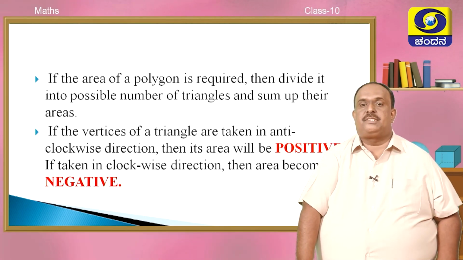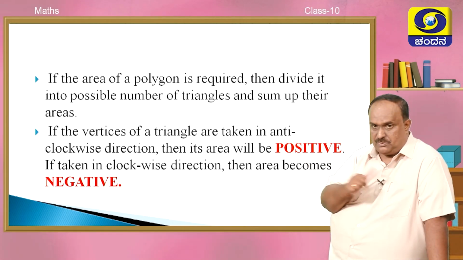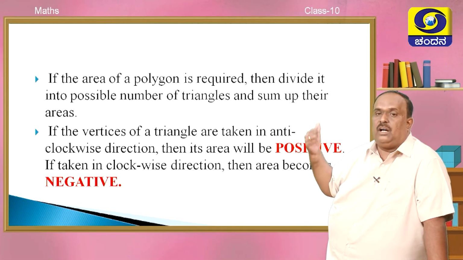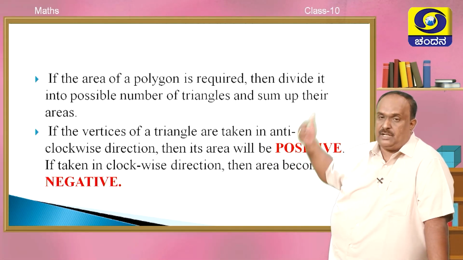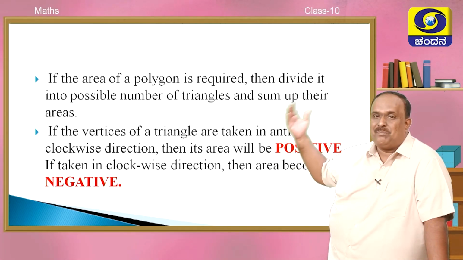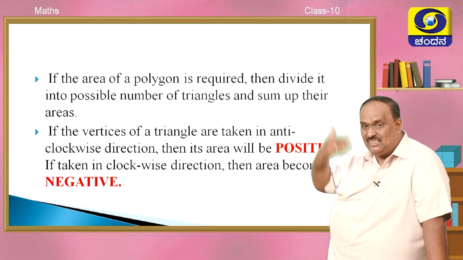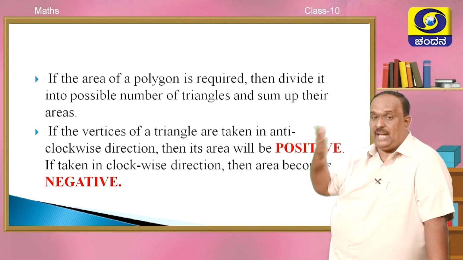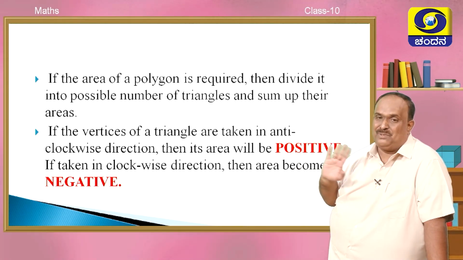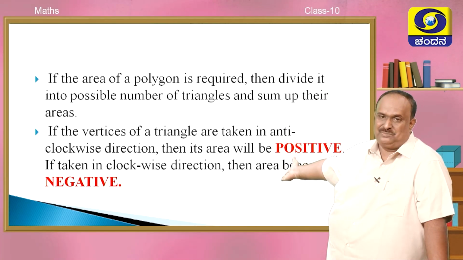If the vertices x1, x2, x3, y1, y2, y3 are taken clockwise, then on calculation the obtained area value is positive. If reversed, if you take the points anti-clockwise, there will be no change in the magnitude, only the sign is negative.